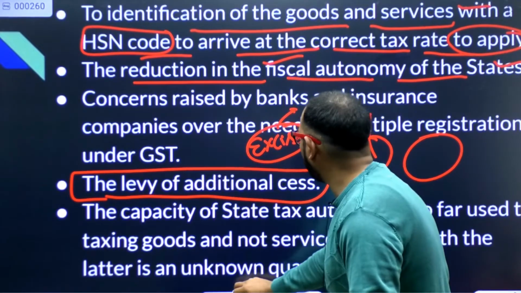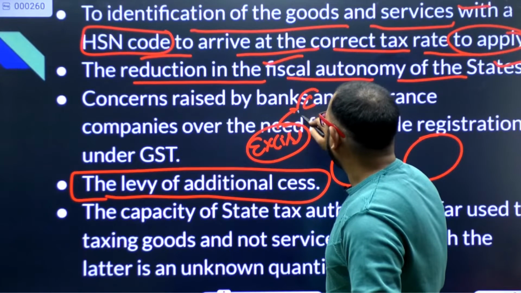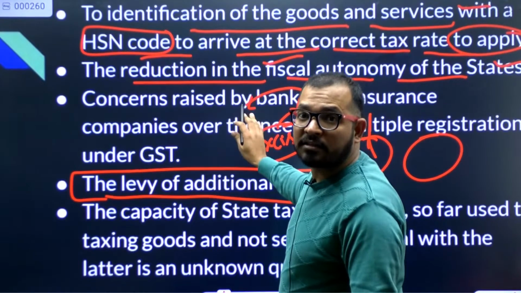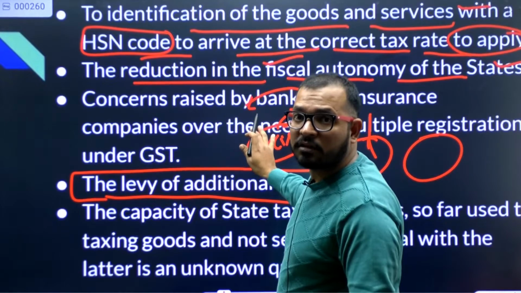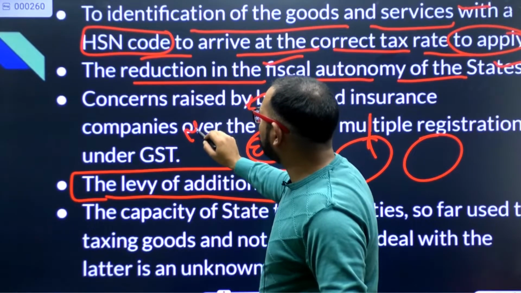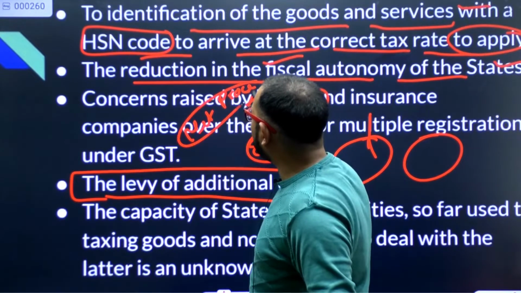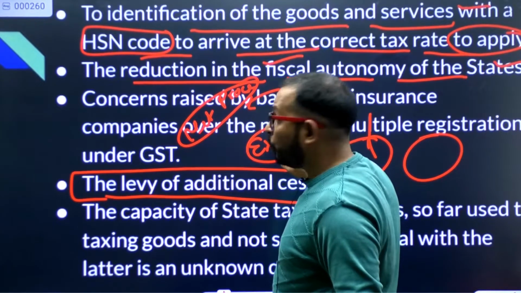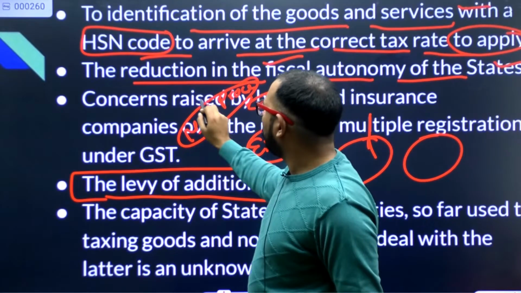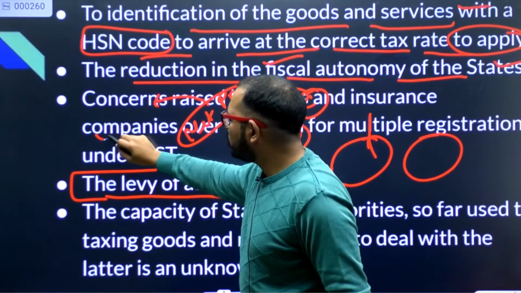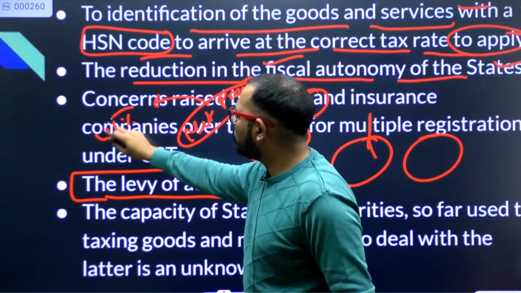It is levied by the center. Now whatever tax will be collected by the center on the excise will come under net proceeds of taxes. Out of whatever collection there is from the excise, 41% will be given to the state.